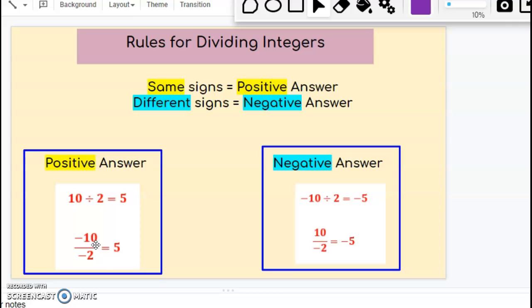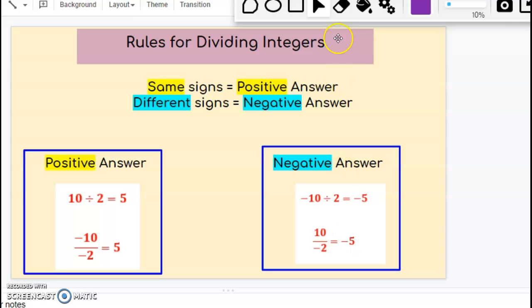So we have a negative 10 divided by a negative 2 gives us a positive, because a negative divided by a negative is a positive. Same signs, positive answer. And on the right, we have negative answers because we have a negative 10 and a positive 2, or a positive 10 and a negative 2. Signs are different, so we have different answers.